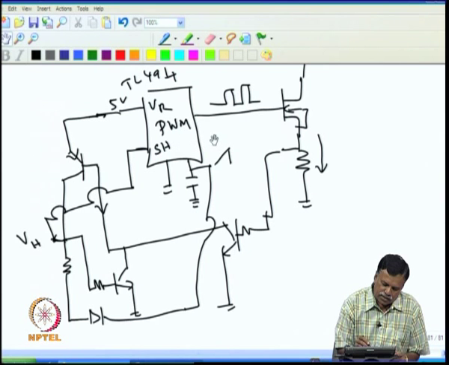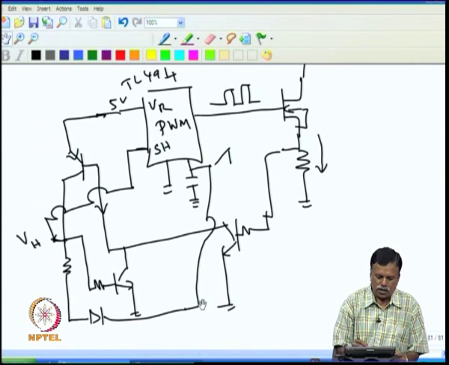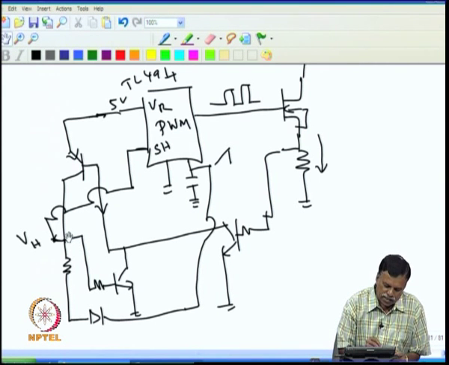Once the voltage had gone high, this will be reset and it will go to 0. At that time, this voltage also will be going through this, and we have to make this voltage drop to 0. That actually can be done by removing this.